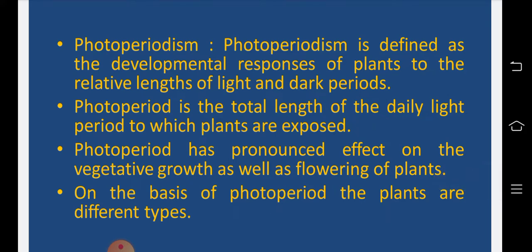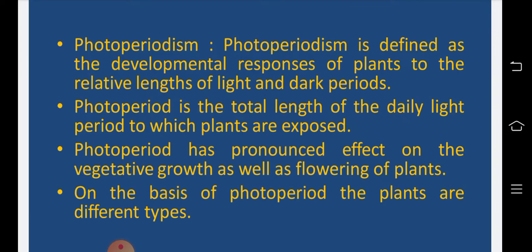Coming to photoperiodism. What is photoperiodism? Photoperiodism is defined as the developmental responses of the plants to the relative lengths of light and dark periods. Photoperiod is the total length of the daily light period to which plants are exposed.